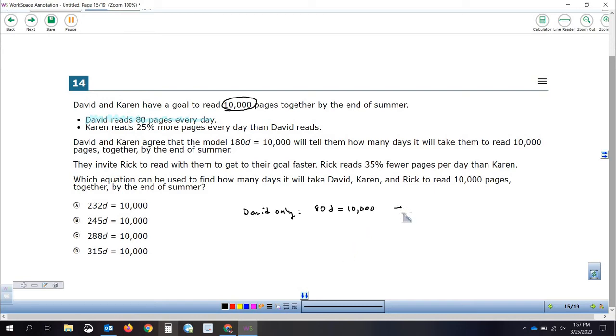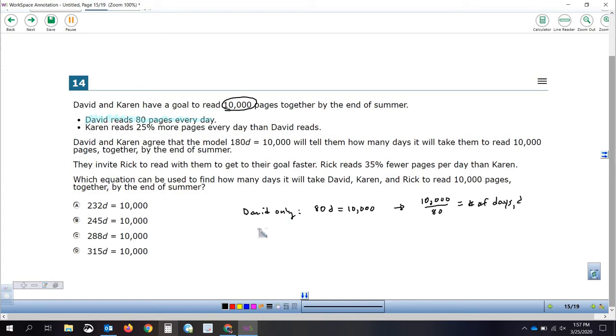So if we want to know how many days it would take, we would do 10,000 divided by 80, and that would equal the number of days, D, to finish reading.